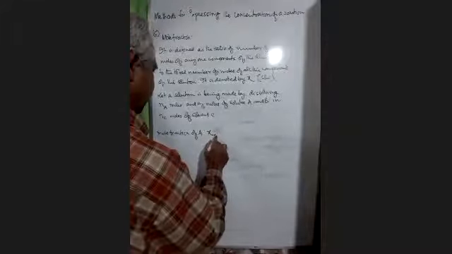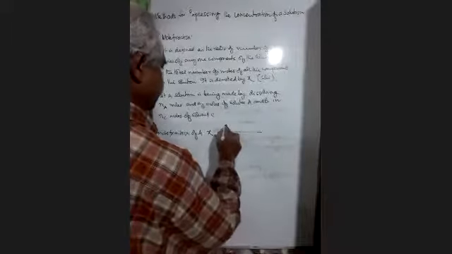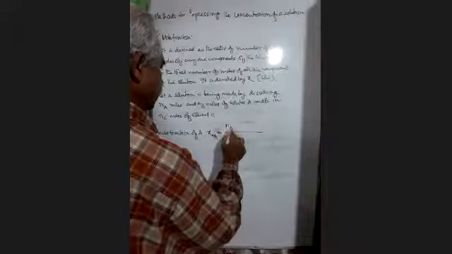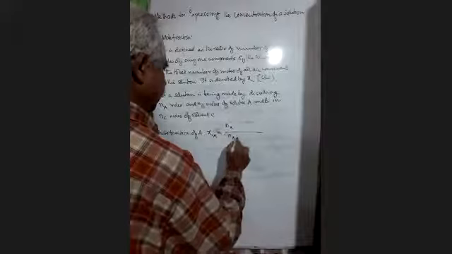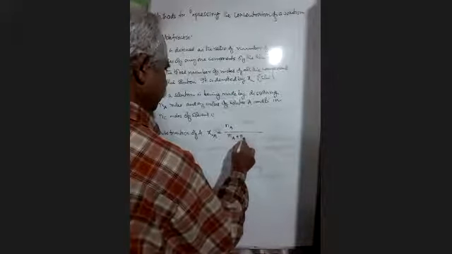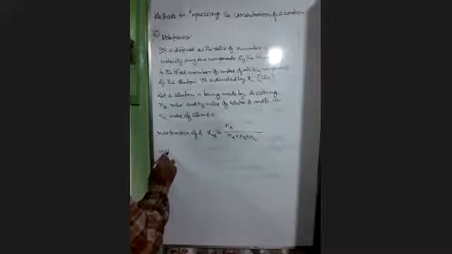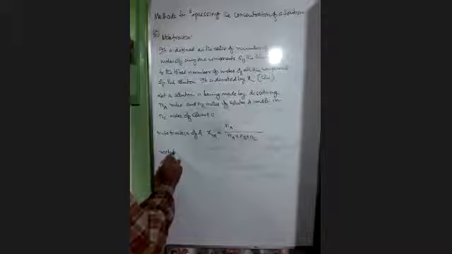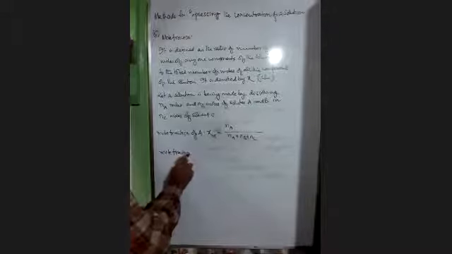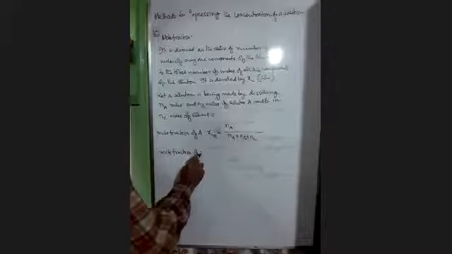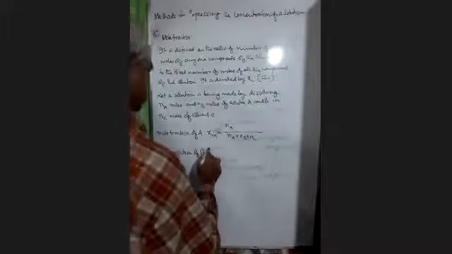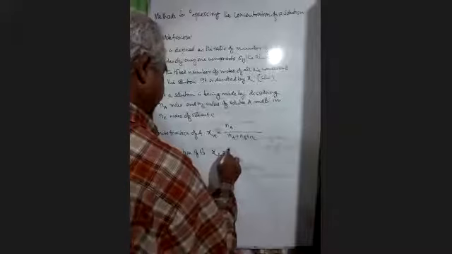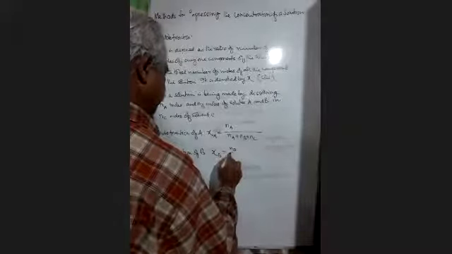What will we write now here? Chi A is equal to NA by NA plus NB plus NC. Mole fraction of B, chi B, equals NB by NA plus NB plus NC.